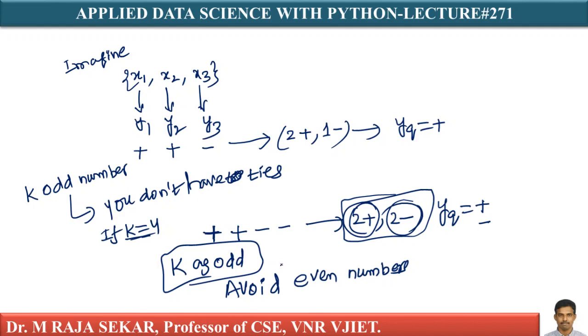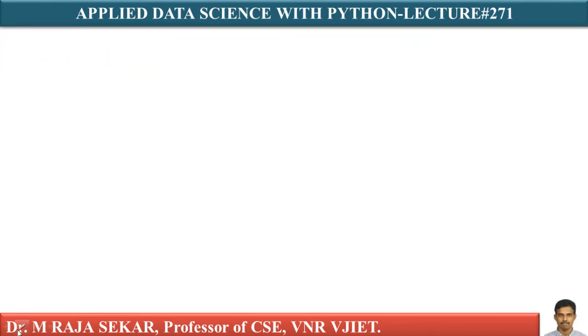What you are doing here, given xq, we are taking the K nearest neighbors of xq.